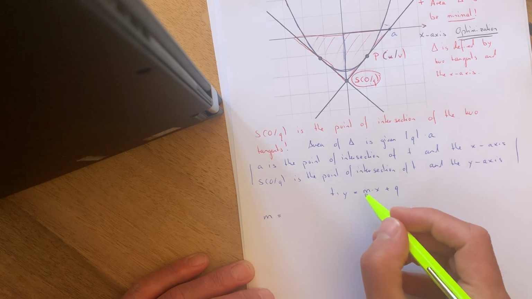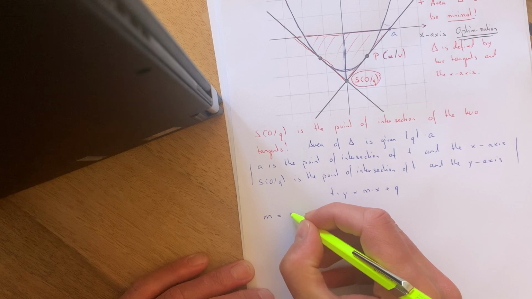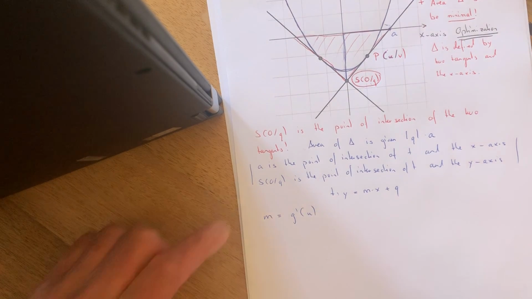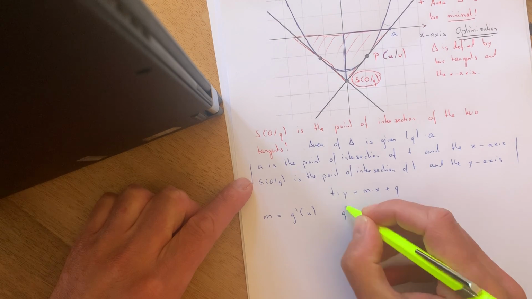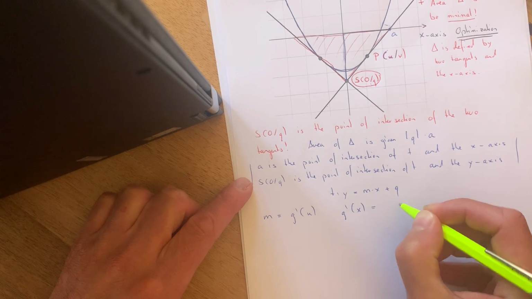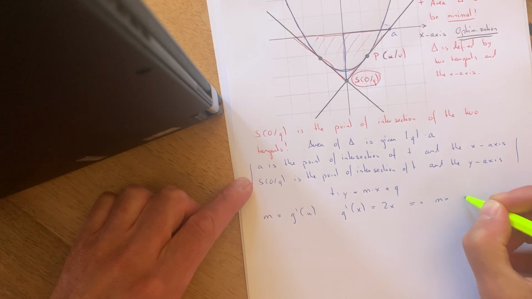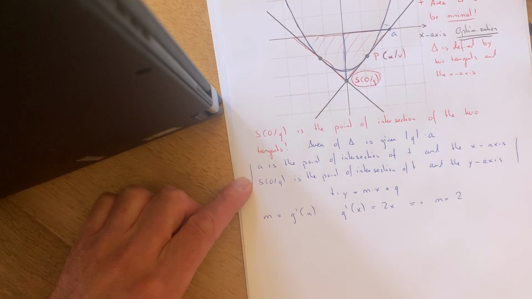So m, the slope of the tangent, is given by the derivative of g at point u. Okay, so the derivative of g equals 2 times x, which means m equals 2 times u. So this is m.